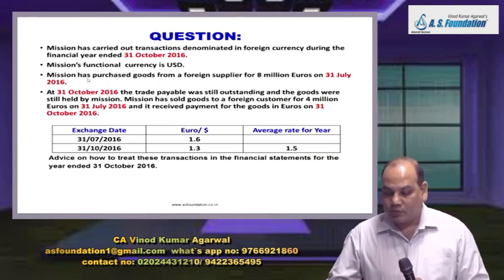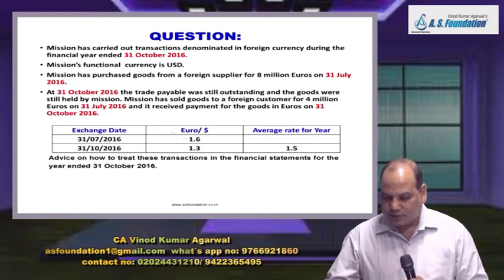Very easy. Mission has purchased goods from a foreign supplier for 8 million euros on 31st July 2016. Okay, 8 million euro. And what is your functional currency? Dollar. So you'll have to convert euro into USD on 31st July 2016 rate, which is given below, 1.6.